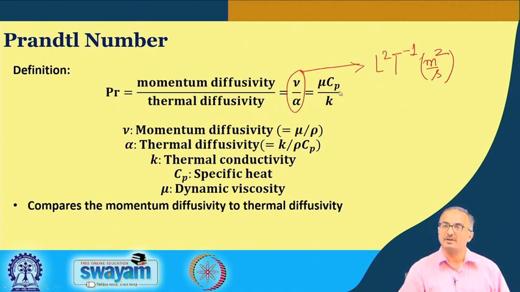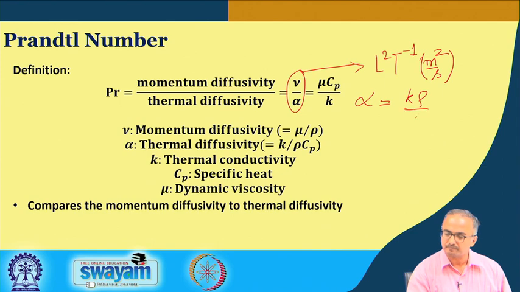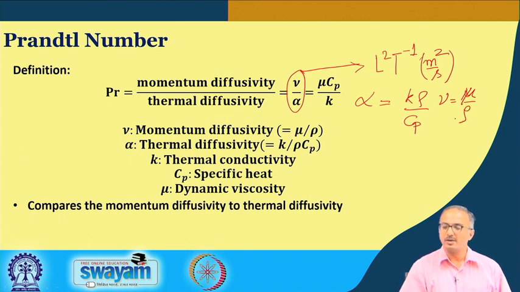So if you put those values over here, with this you can find that this comes to mu Cp by K. So you can see that this Prandtl number depends purely on the type of the fluid.